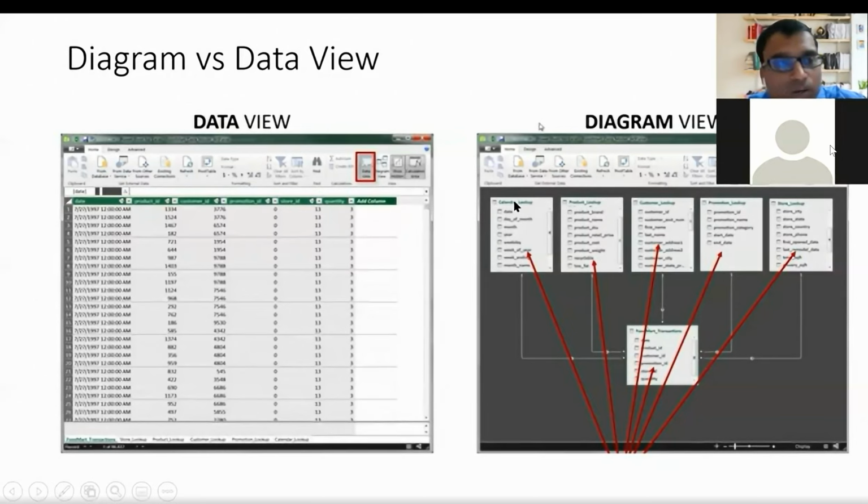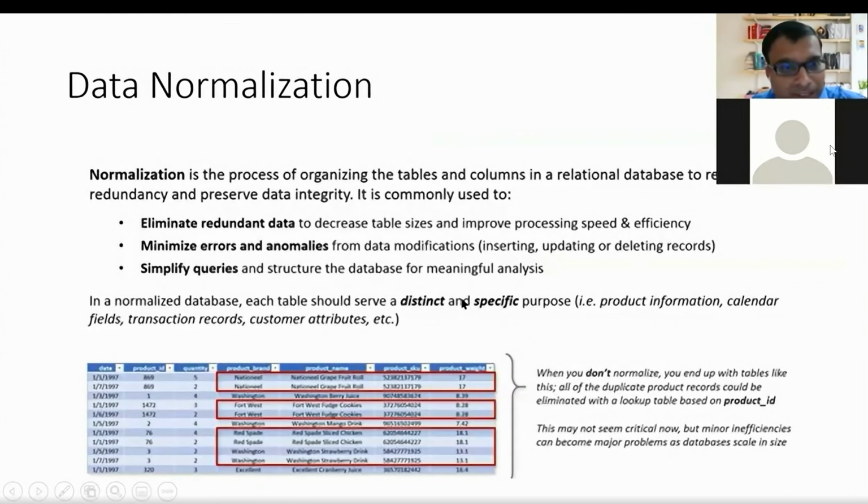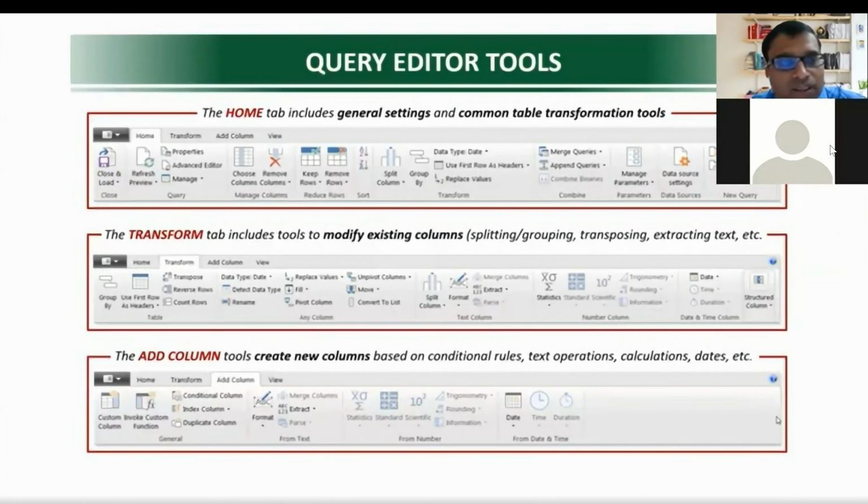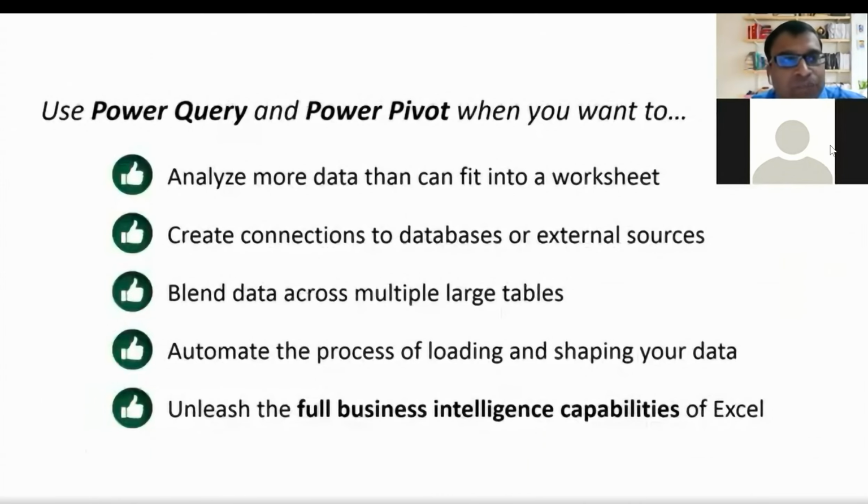So you have a calendar lookup where all the date related fields are set up. You have a product lookup where all the product related information is there. You have a customer lookup where all customer related information is there. You have a transaction lookup where all the transactions related to a particular year are there, right?